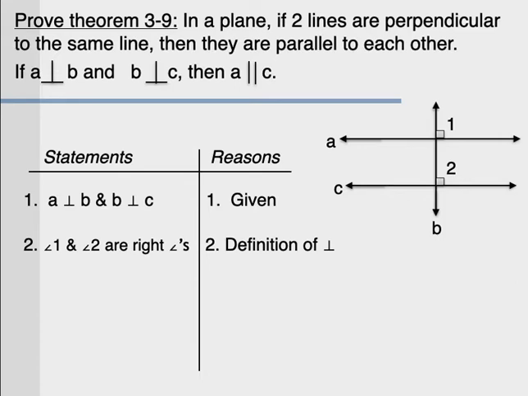Now, if angle 1 and angle 2 are right angles, that means they are equal sizes. They are congruent angles. If they're both 90 degrees, they are congruent to each other. The reason you could say angle 1 is congruent to angle 2 is really pretty fascinating. Look at your old chapter 2 postulate paper.